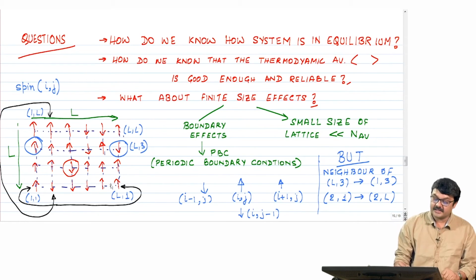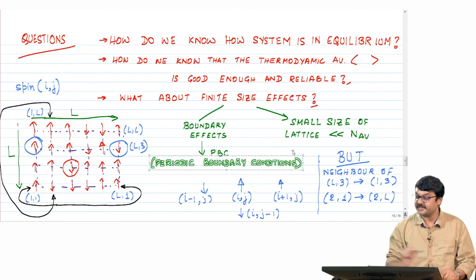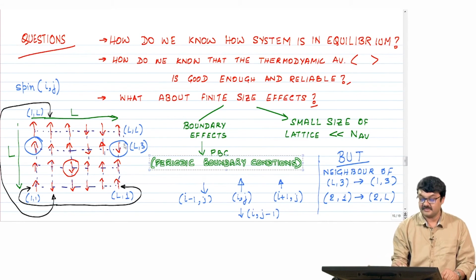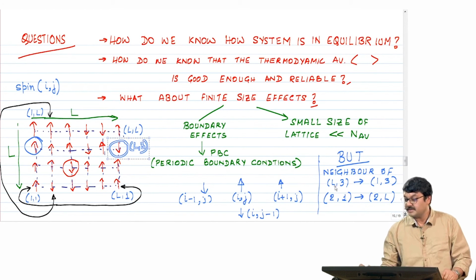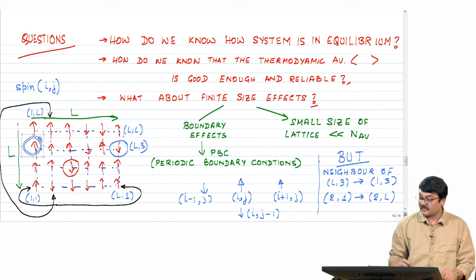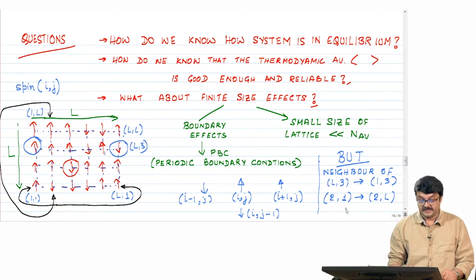Yes, but you have a problem when you implement periodic boundary conditions, because the neighbor of L 3, suppose this is L 3, right. So, this is L 3, the neighbor of L 3 will be 1 3. So, it is basically this one, and the neighbor of 2 1, right.